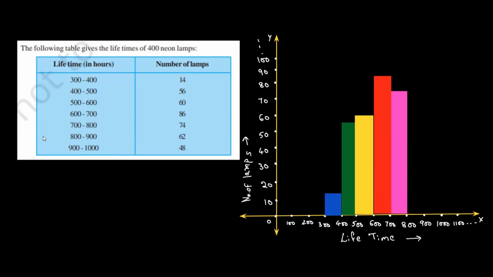And then if you see 800 to 900, which is 62, so 60 after the second line, the thin line. And finally, 900 to 1000 is 48.